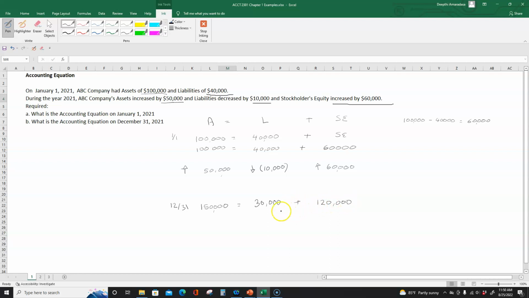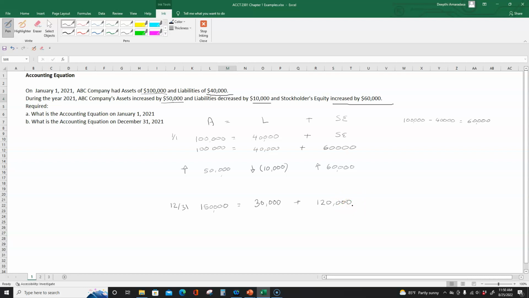Let me put a plus here. So now let's see if that makes sense. Is the accounting equation in balance? Is 150,000 equal to 30,000 plus 120,000? Yes, it is. So here's your ending accounting equation.